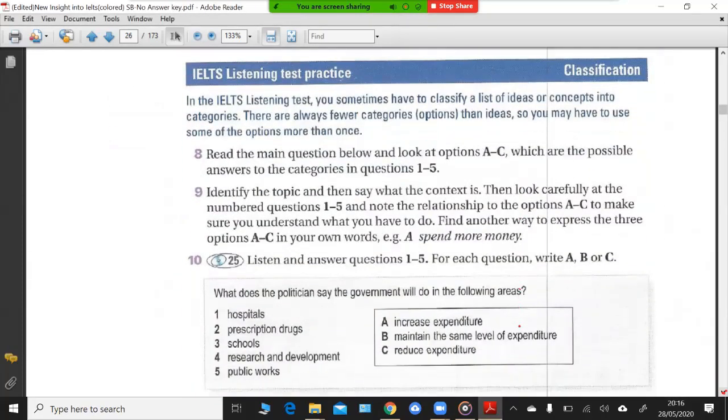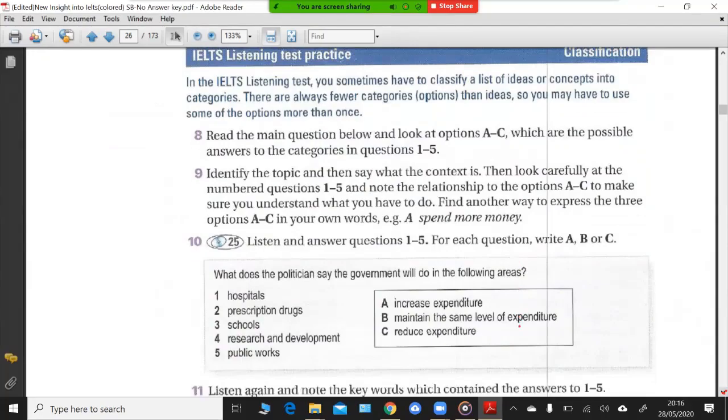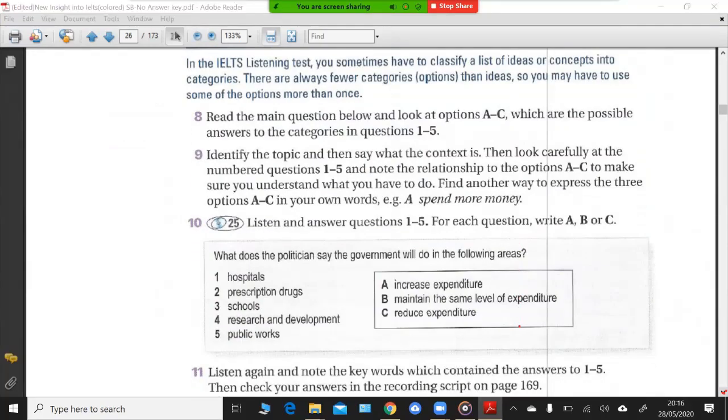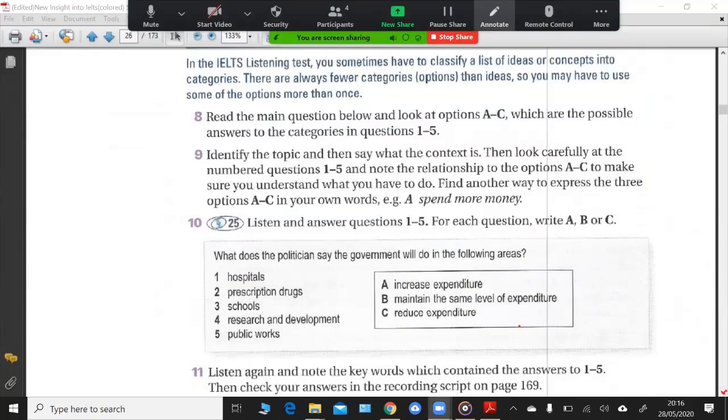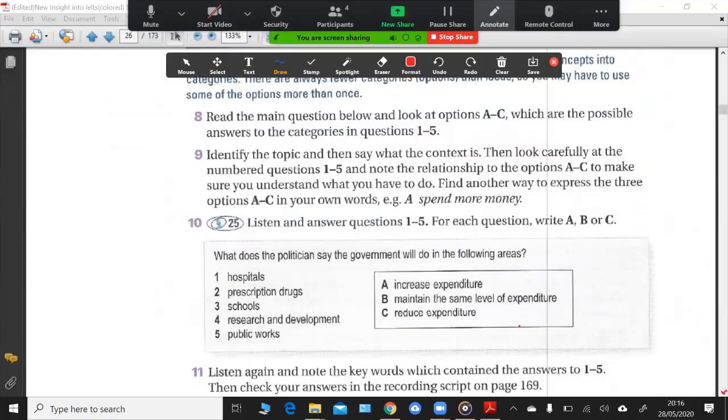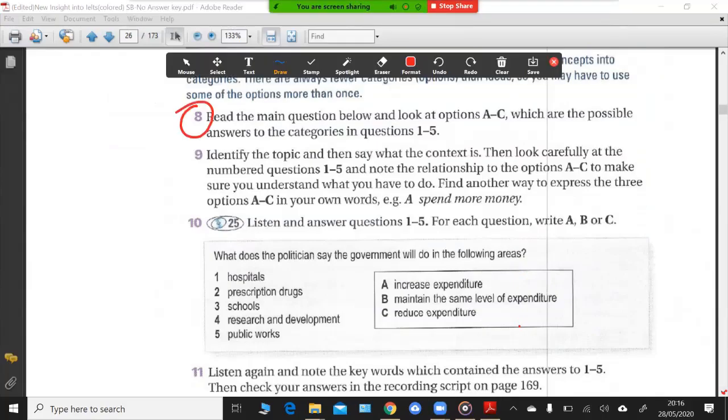Yes, question number 8, it's here. If I could just underline it. Okay, it's question number 8 here. It says, read the main question below and look at options A to C, which are possible answers to the categories in question 1 to 5.